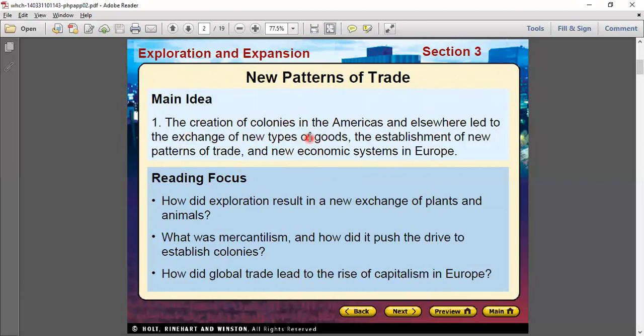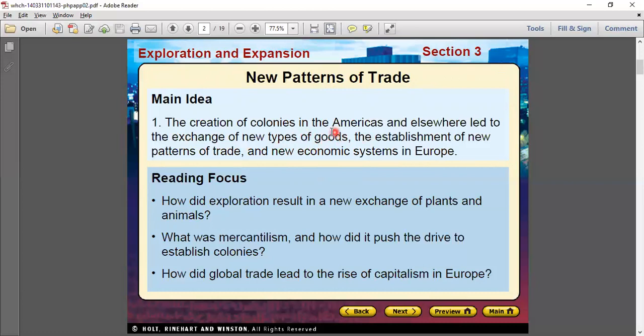People in America, for example, saw other goods that the Europeans brought from Europe, and vice versa. The Europeans saw new goods they had never seen before in their countries, so they took these goods back to their countries. So it helped in the exchange of new types of goods.